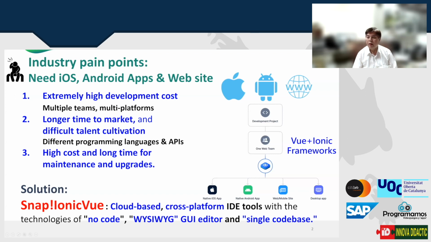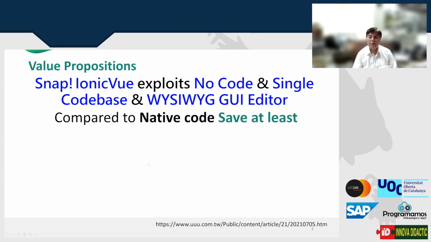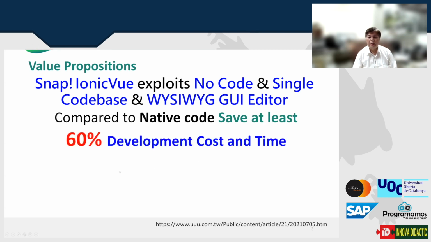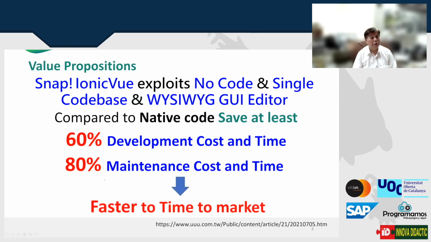One is called the Vue framework. The other is Ionic. And these two can save 90% of your development time and cost, and 80% of maintenance costs and time, and enable fast time to market for corporations.